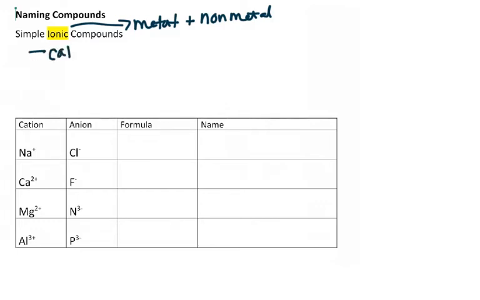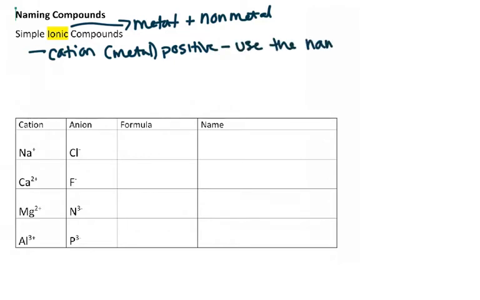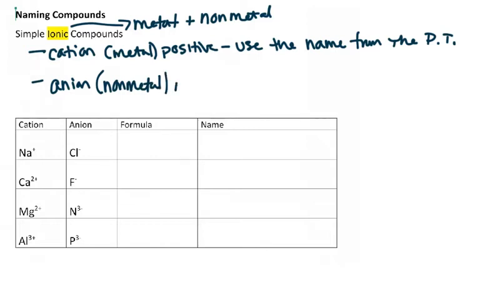Cation, which is again the metal, is positive. And we use the name from the periodic table. The anion, which is the nonmetal, is negative.